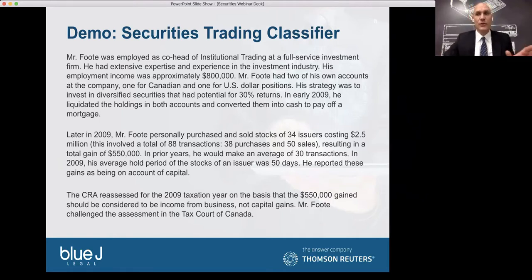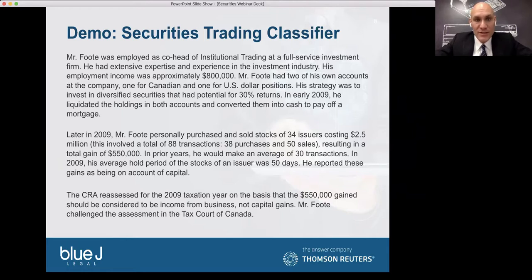And in addition to the work that he did in his official capacity as an employee of this finance firm, he also had 2 trading accounts, one for Canadian positions and one for US positions. And essentially, he picked relatively risky securities. He thought that they had the prospect for 30% returns, and he traded for a number of years.